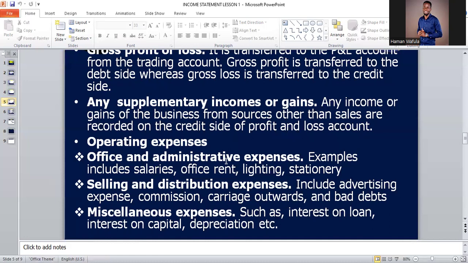Then we have miscellaneous expenses or other expenses, which may include interest on loan, interest on capital, depreciation, among others. So any other expense that does not fall under administrative and selling and distribution automatically falls under miscellaneous expenses.